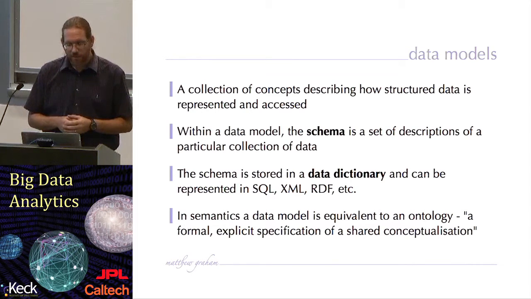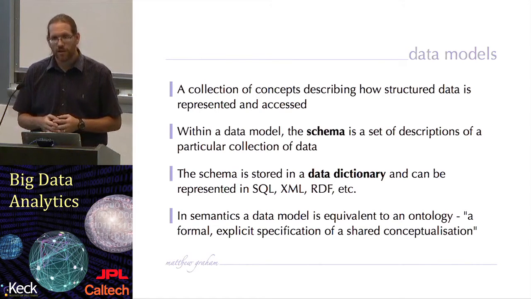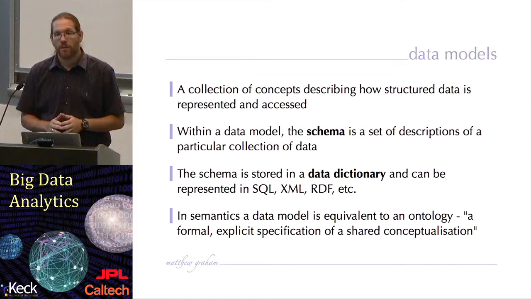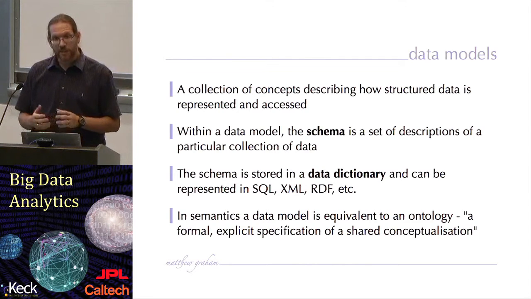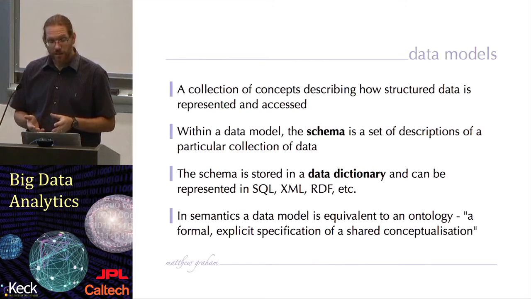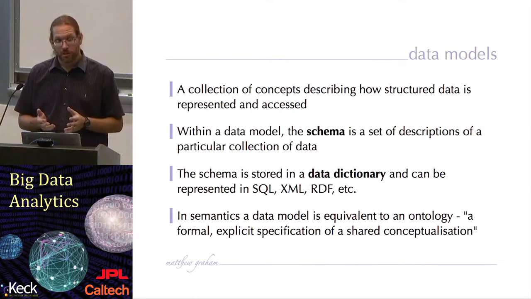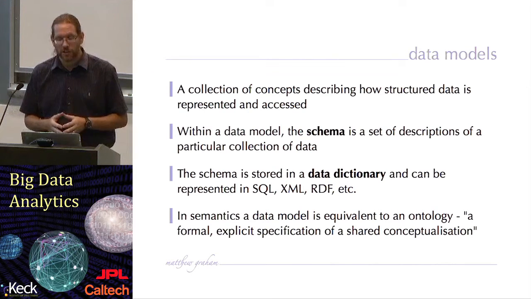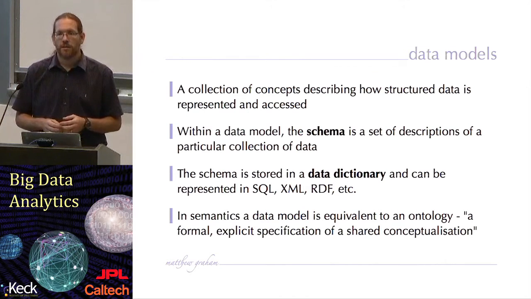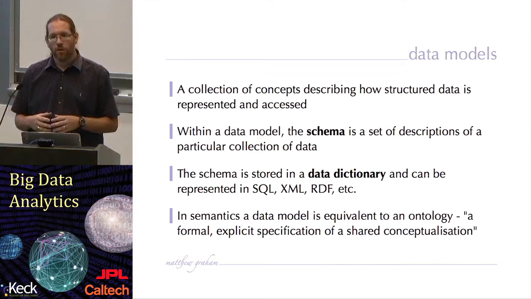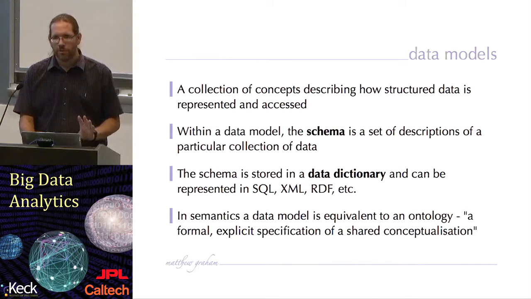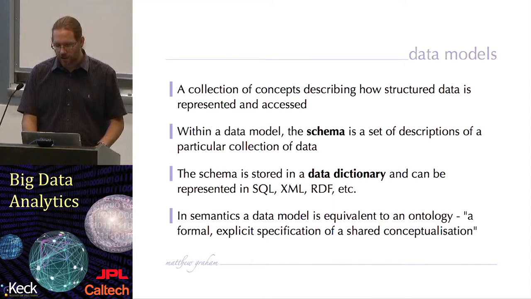And in semantics, which is the knowledge management layer, in the pyramid that we saw in Module 1, that third layer up, a data model is equivalent to an ontology. We'll mention this a bit in Module 6. And an ontology is a formal, explicit specification of a shared conceptualization. It's essentially a schema for a knowledge map. So data models are very important to the functioning of databases.